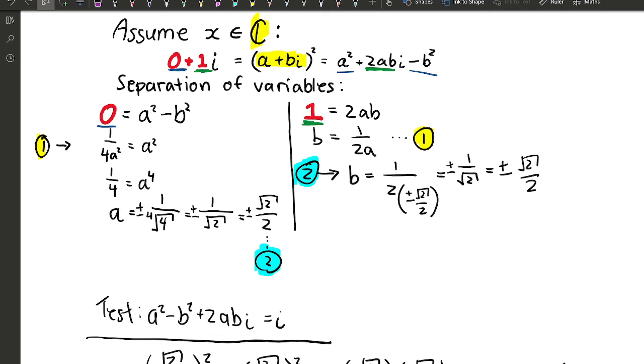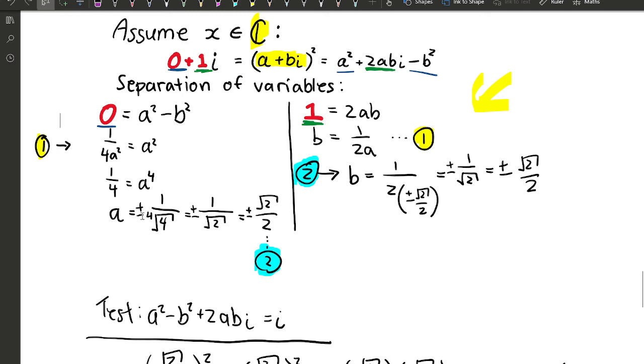So I started on the left-hand side here and went b equals 1 over 2a. Substituted in for b, and so b squared, move it over to the left-hand side, you get positive b squared, so positive 1 over 2a squared, which is 1 over 4a squared, and you can multiply across by a squared, you get 1 over 4, a to the power of 4.